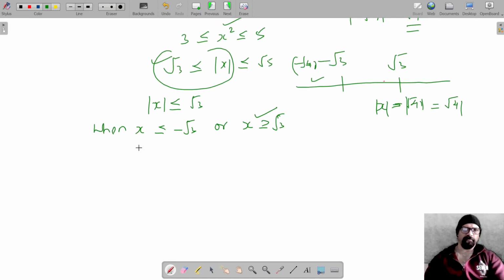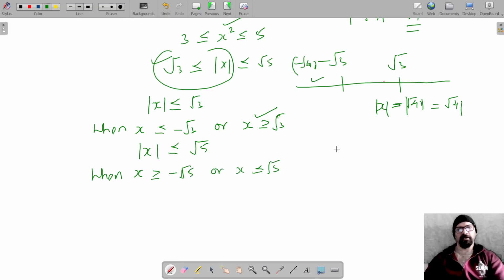Okay, now for modulus of x less than or equal to root 5. This would be the case when x is greater than or equal to negative root 5 and x is less than or equal to root 5, because the modulus of negative root 5 is equal to root 5. So x lies between negative root 5 and root 5.